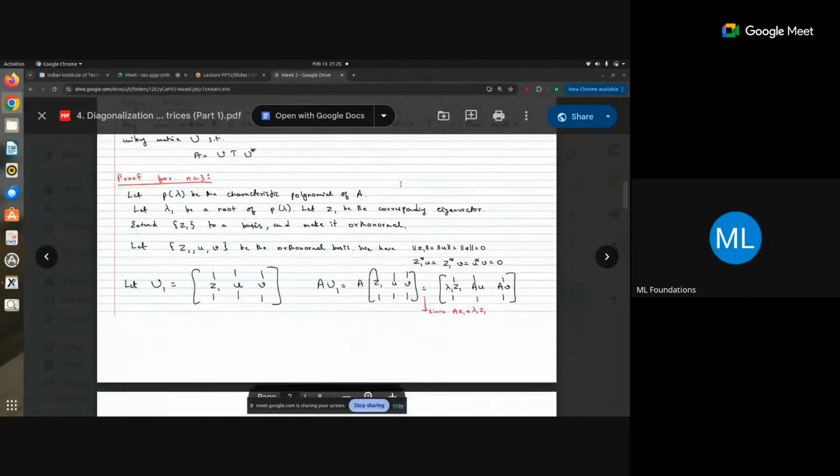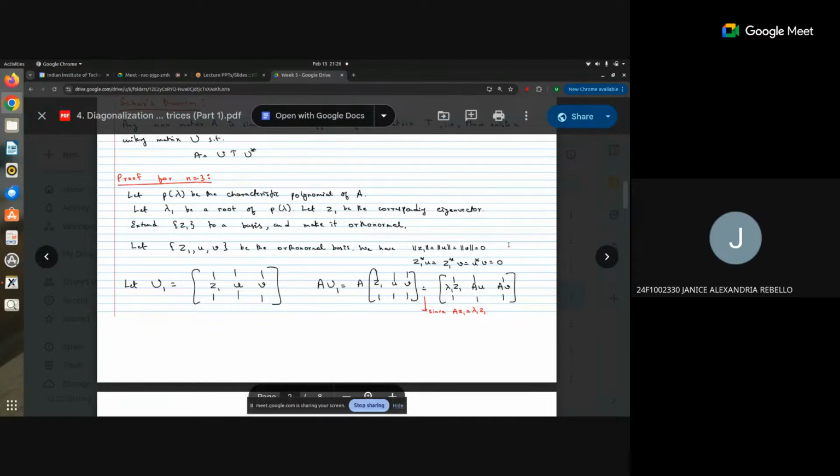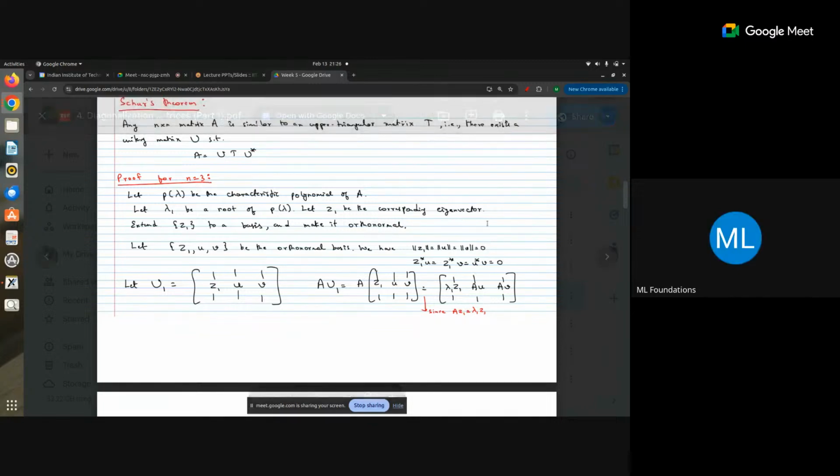Let Z1, U and V be the orthonormal basis. There is a mistake here: the length was written as 0. The length of Z1, length of U and length of V should be equal to 1, and the product should be 0.